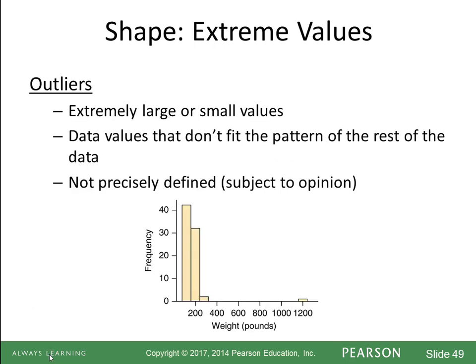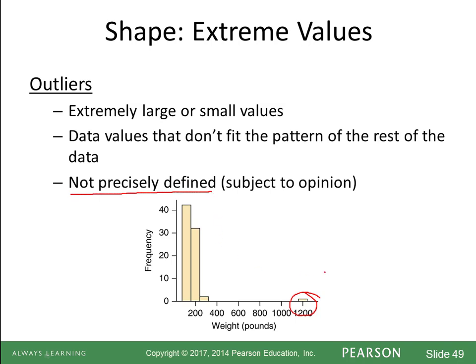Now, when we look at outliers, they are things that are removed from the pattern. Okay? Now, there are definitions for outliers, but we need to work with numbers before we do that.